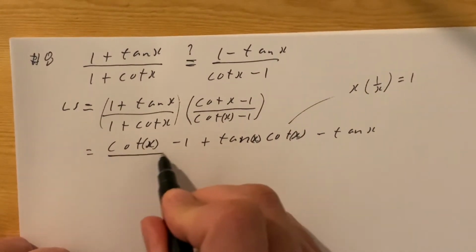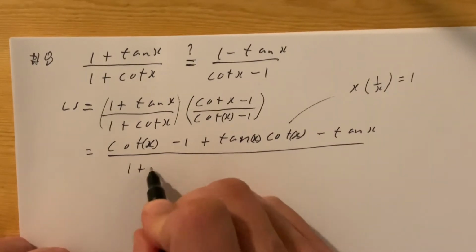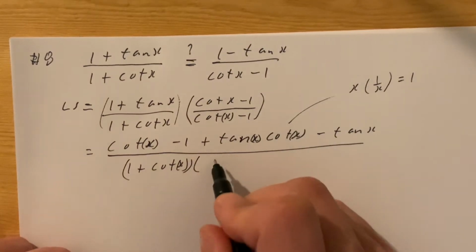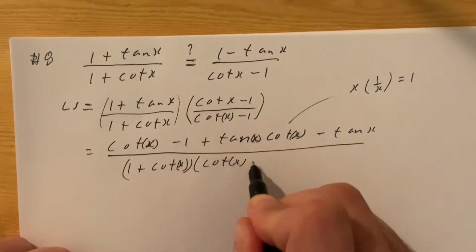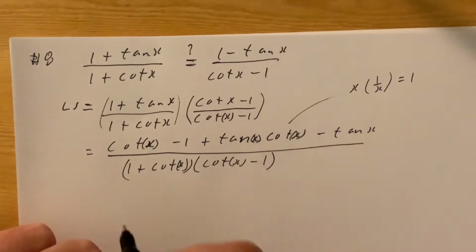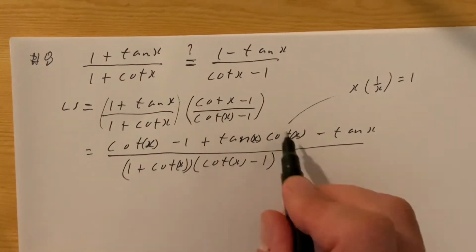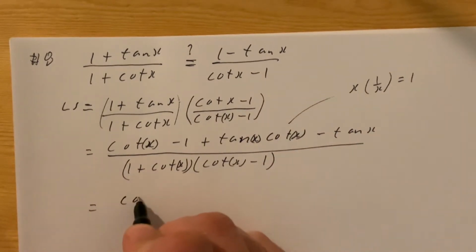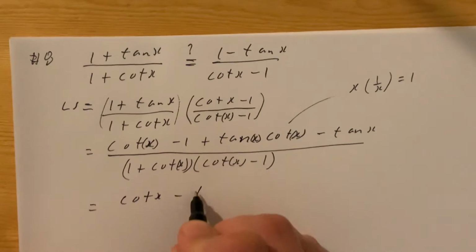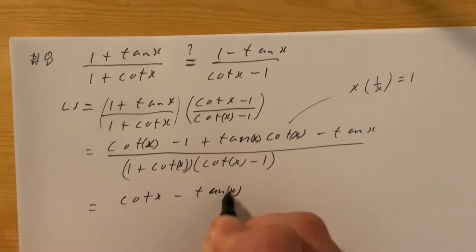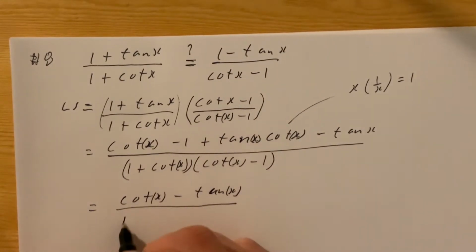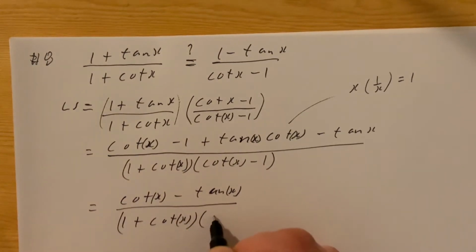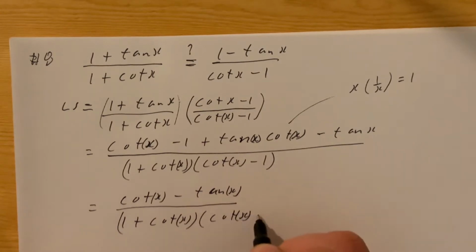Okay, and then the bottom is just going to be 1 plus cotan x times cotan x minus 1. Now this is 1. Negative 1 plus 1 is 0. So I'm just going to end up with cotan x minus tan x all over 1 plus cotan x and cotan x minus 1.